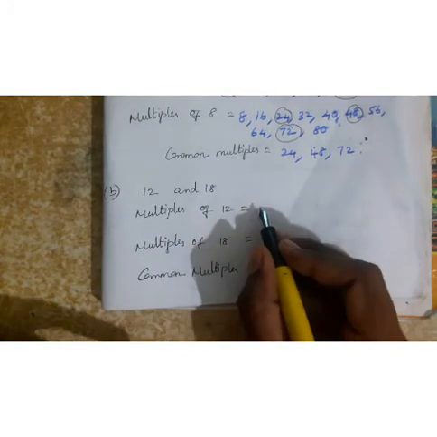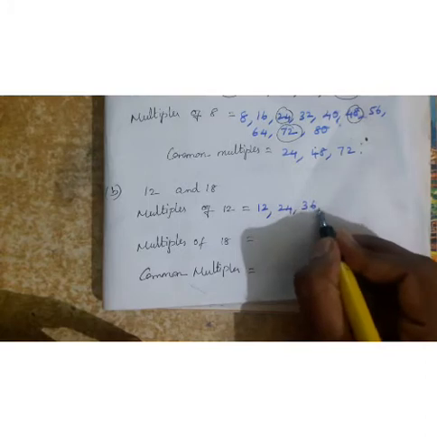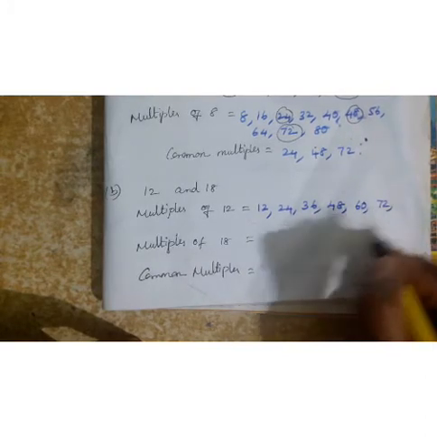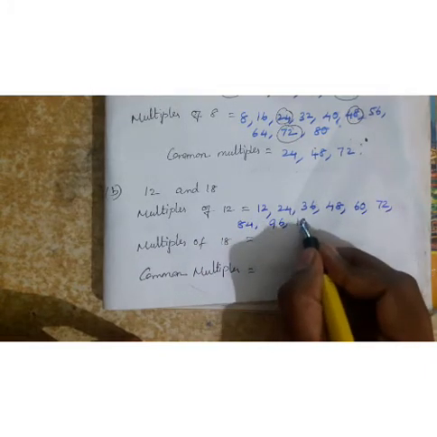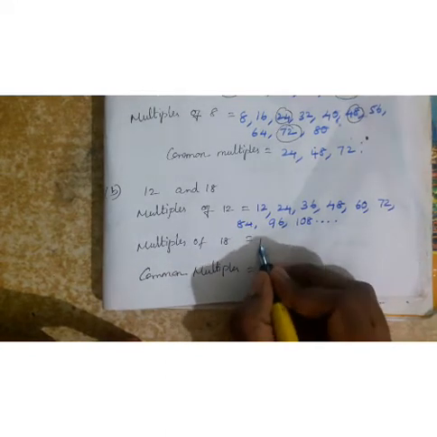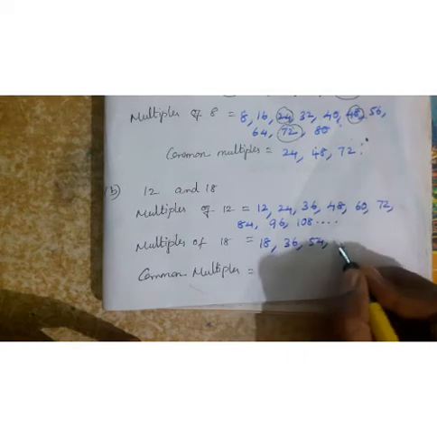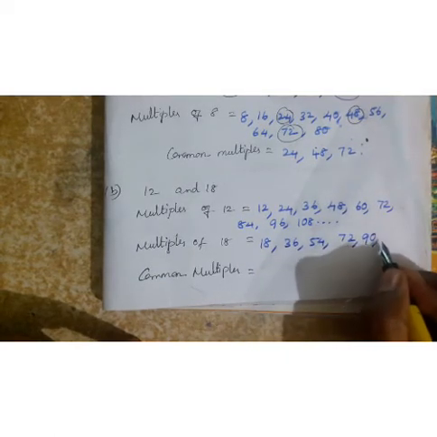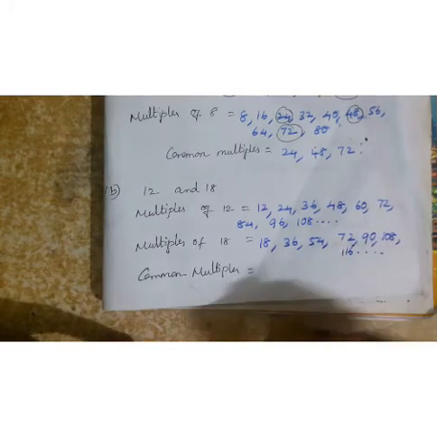Multiples of 12 equal to 12, 24, 36, 48, 60, 72, 84, 96, 108 and so on. Multiples of 18 equal to 18, 36, 54, 72, 90, 108, 126 and so on.